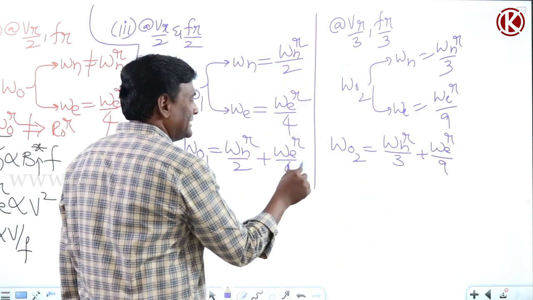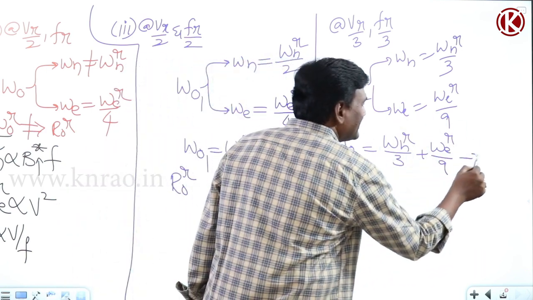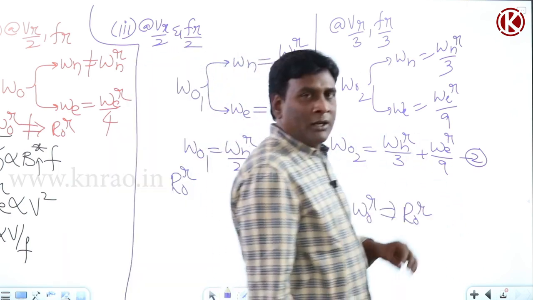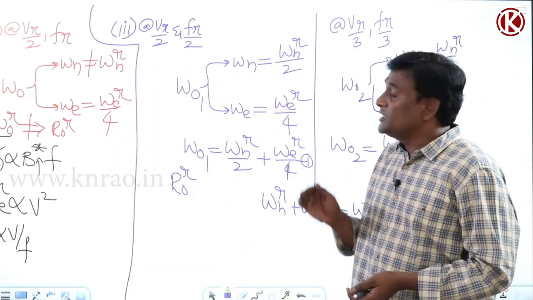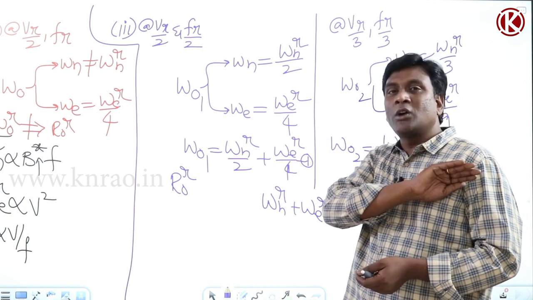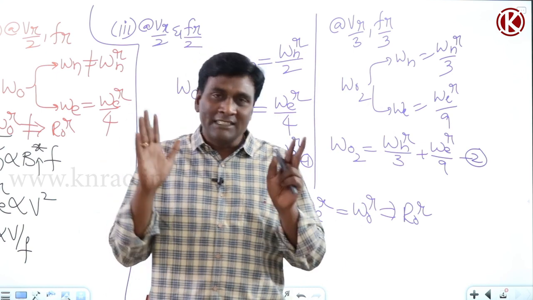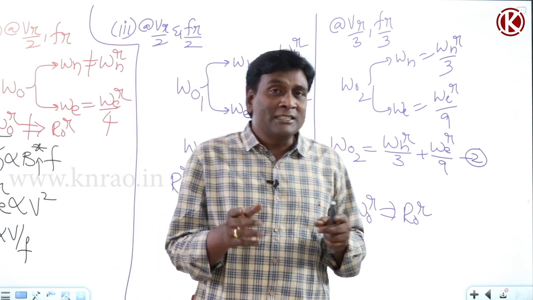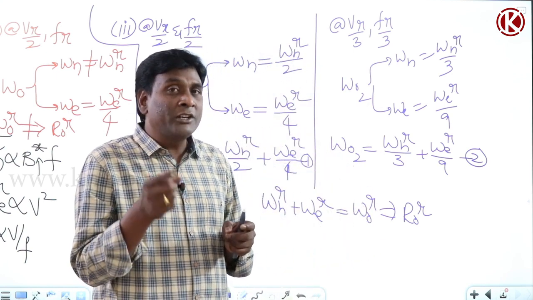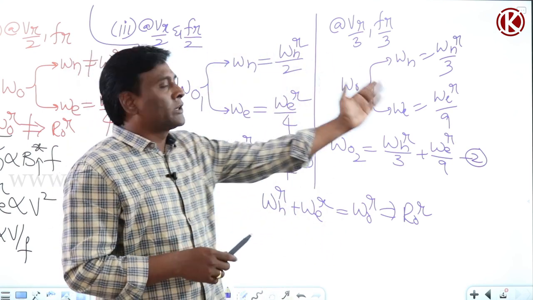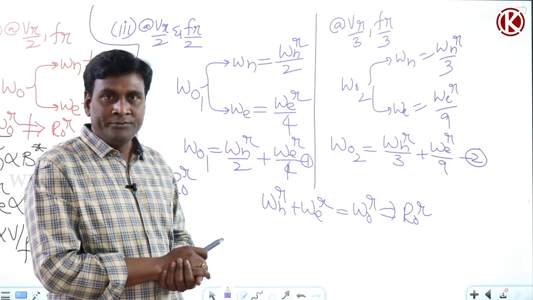So this is the first equation, this is the second equation. From the first and second equations, the point is very simple: if you don't want to conduct your OC test at rated voltage at all, there is a possibility. But in that case, after maintaining V by F ratio constant, you are supposed to conduct the OC test at two operating points.